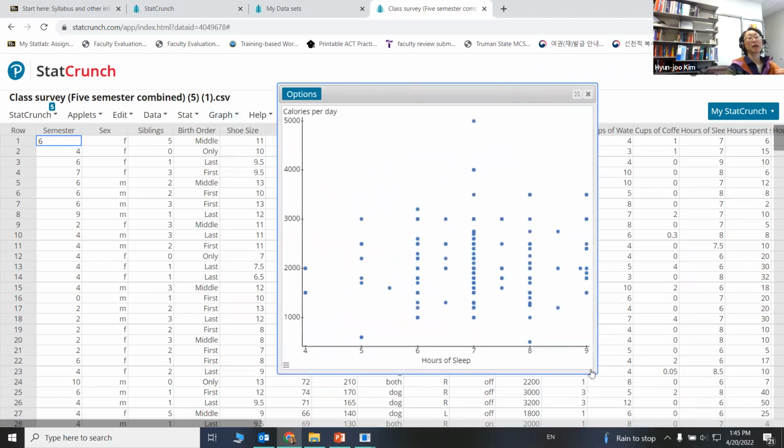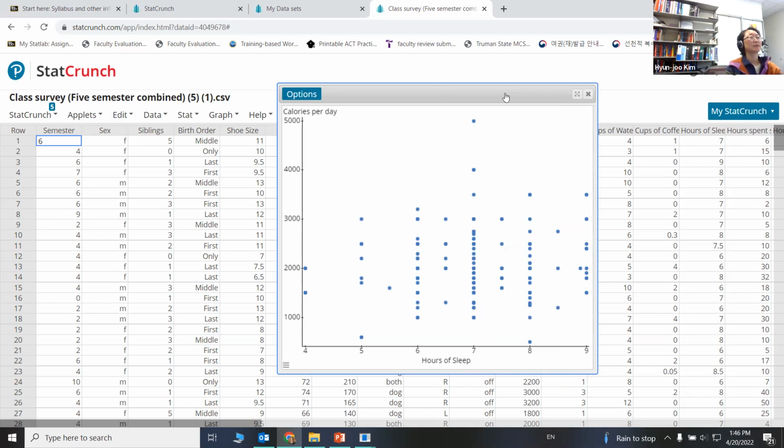So just looking at the scatter plot, do we see any positive or negative relationship or no relationship? It's kind of hard to tell, right? Maybe a little bit positive, but it looks like a kind of random scatter. So we have a rough idea of the relationship between sleeping hour and calorie intake here.